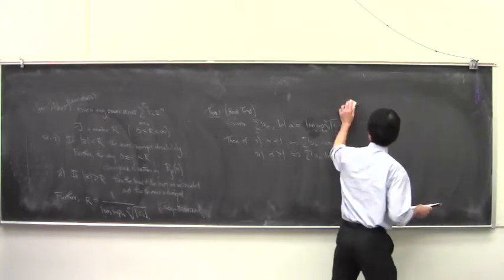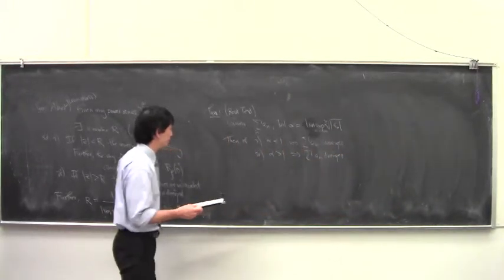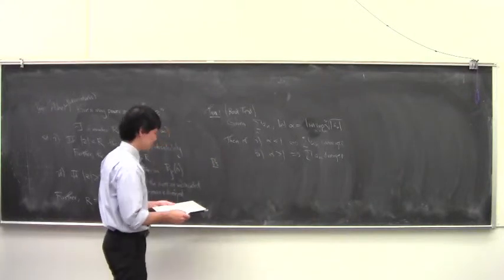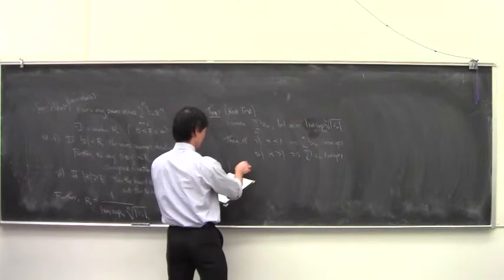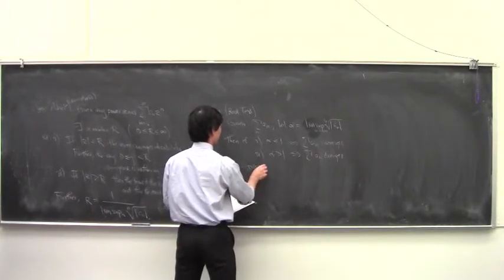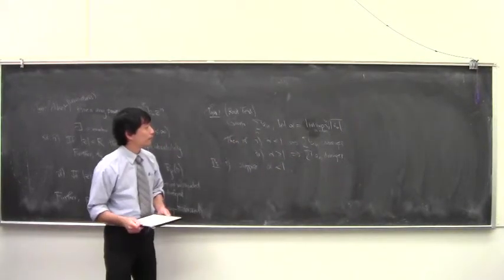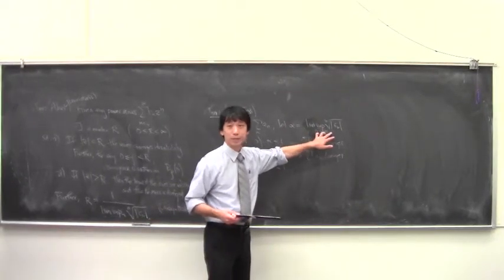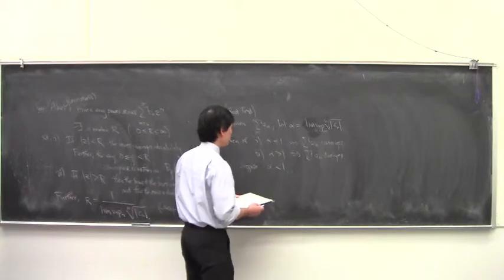So you see that what we have to do is prove the root test, but that's not too hard, right? So suppose that alpha is less than 1, so the lim sup of this is less than 1.